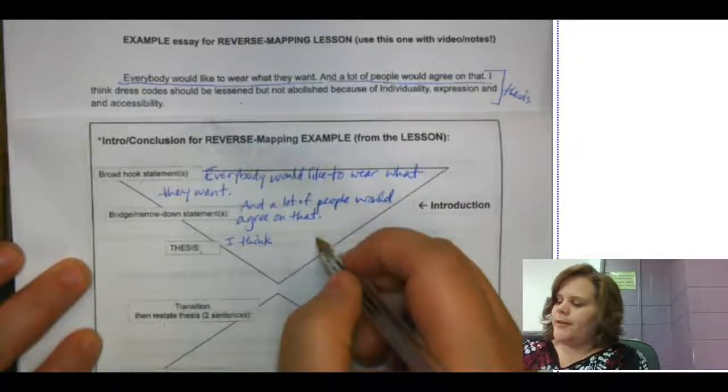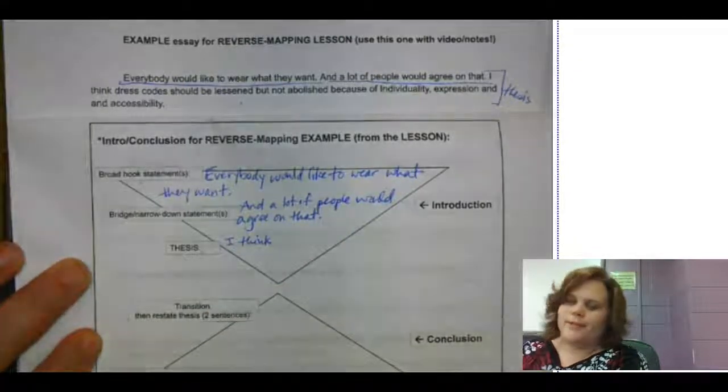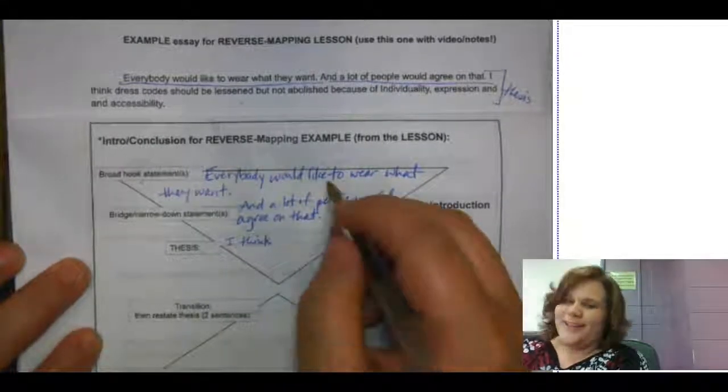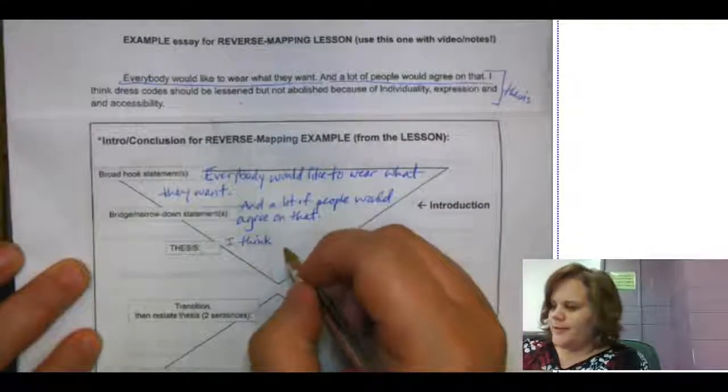If you write really big or you need extra room, you're welcome to write down at the bottom. But yeah, you need to copy it because we're looking to make sure it fits.